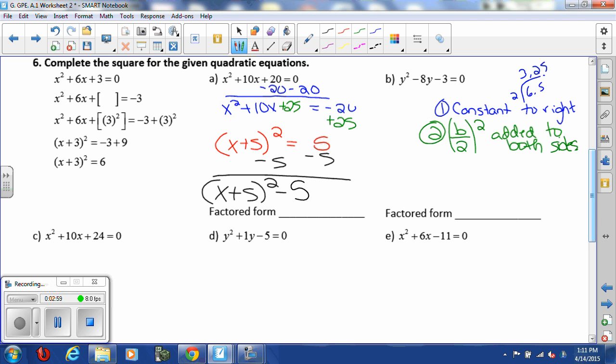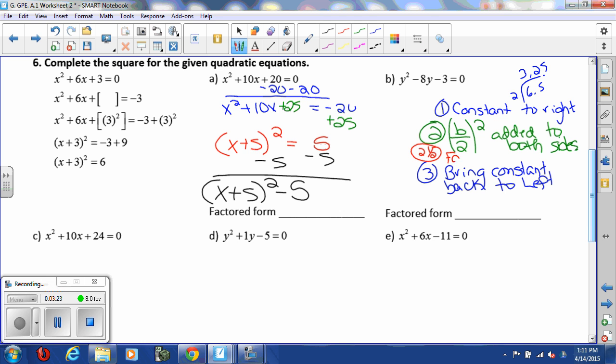What's the third called? Factored form. I should probably put 2.5 in here. Sorry.